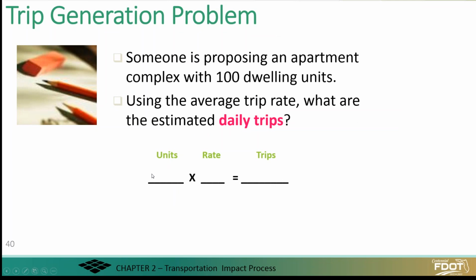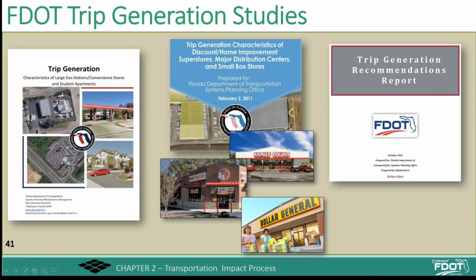So we have 100 dwelling units times the average rate from ITE, and that determines the trips or the impacts from that development, 672 trips.